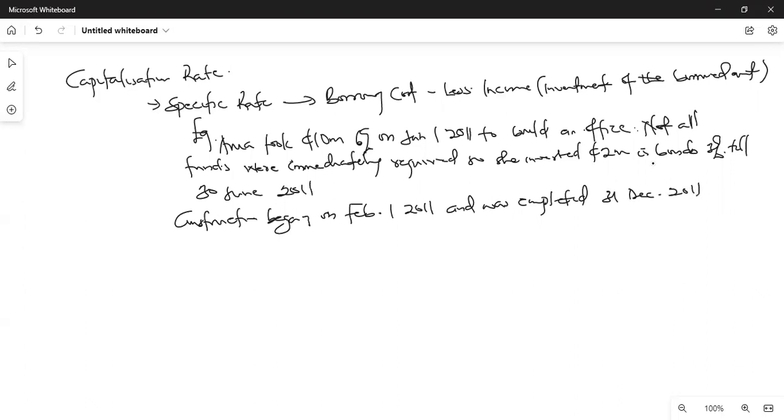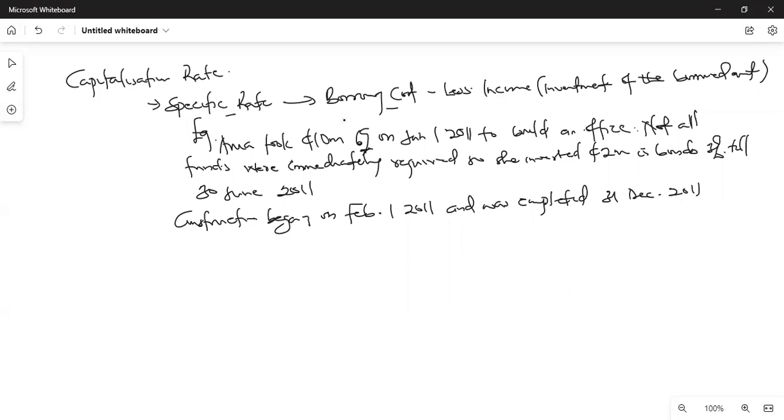Now, if we want to find out the amount of borrowing cost we need to capitalize, then the specific rate is what we are talking about here. Remember, every time you see percentages for interest, they are always stated on a per annum basis, and therefore you need to make sure that you are applying the specific timing to the money.